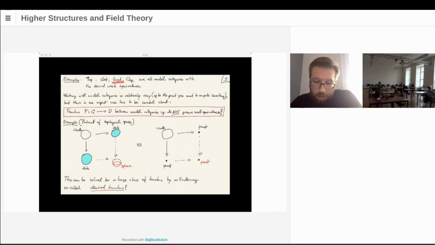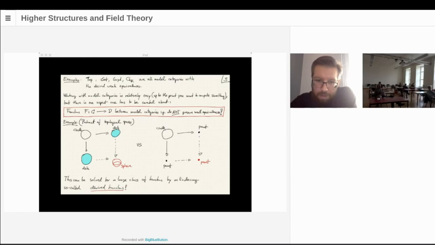Groupoids form a model category. Weak equivalences there are the categorical equivalences, and chain complexes with quasi-isomorphisms form a model category. So that's quite nice. The categories and their weak equivalences we had in the examples before, they all form model categories with suitable choices of fibrations and cofibrations and the desired weak equivalences.